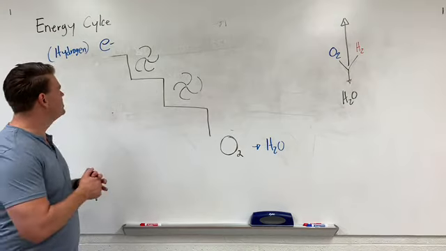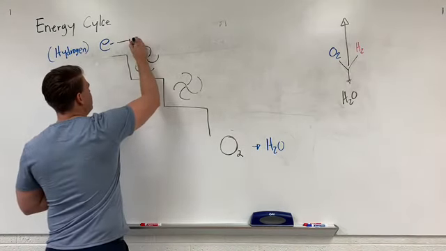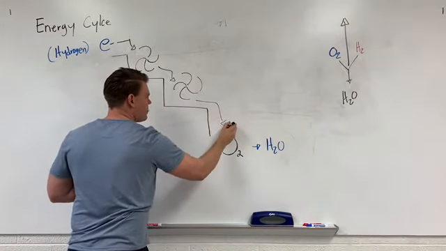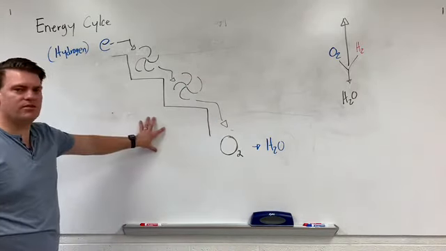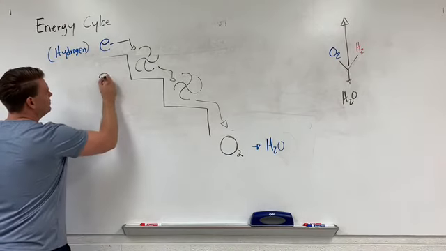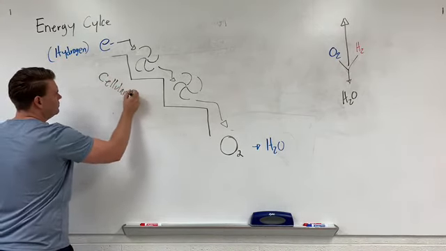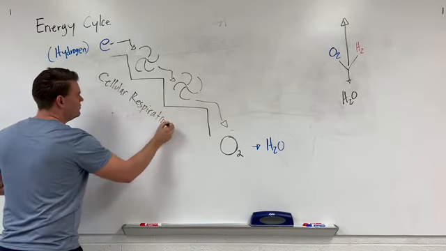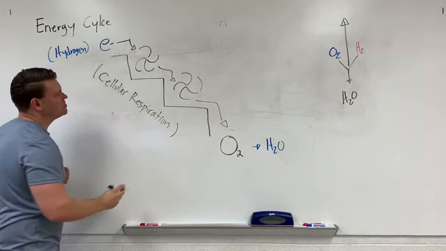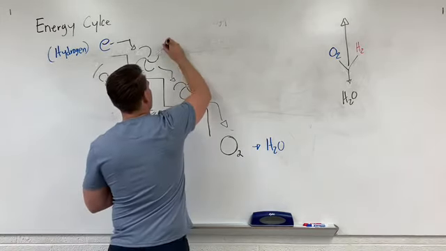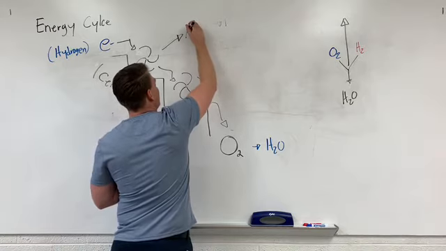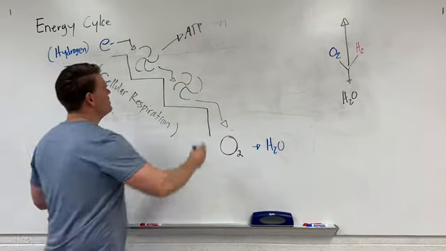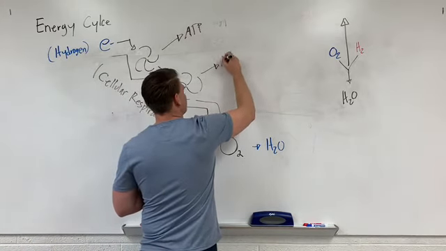As our electron goes down these steps in our cellular respiration process, each time it hits one of these turbines, we take energy out. Just like we take energy out and create electricity, this time the energy we're taking out is to create ATP.